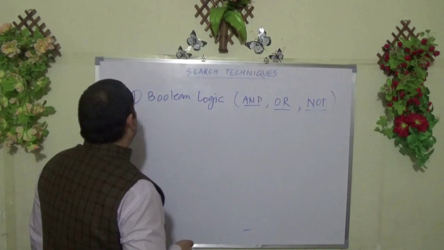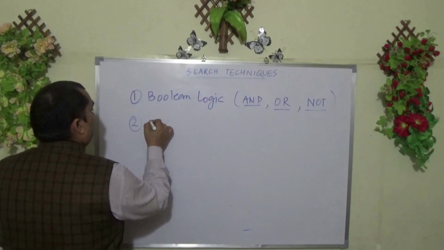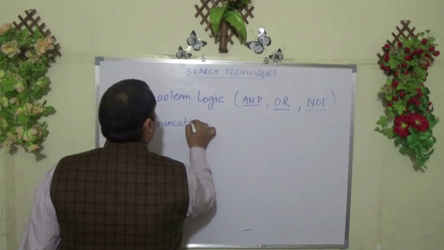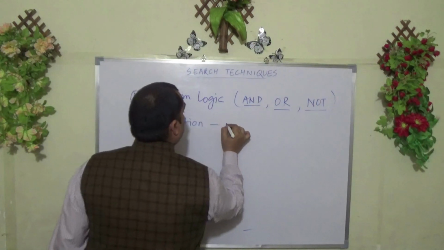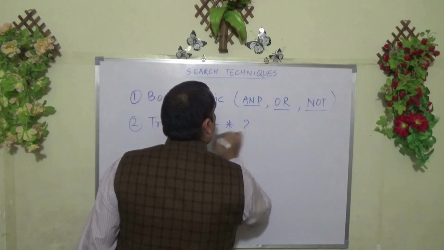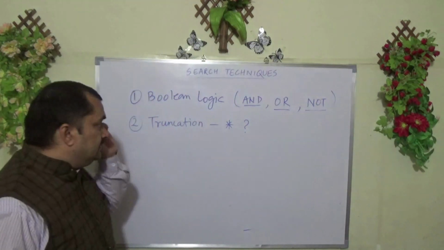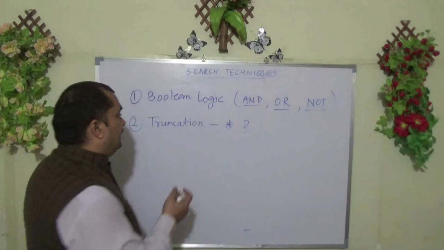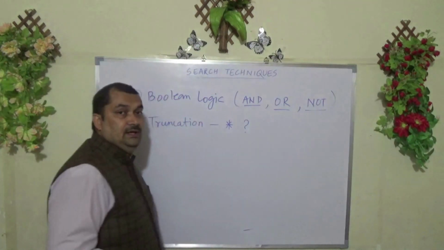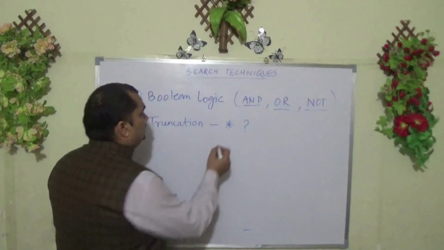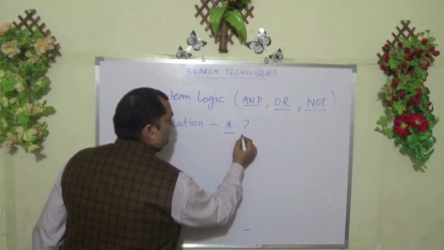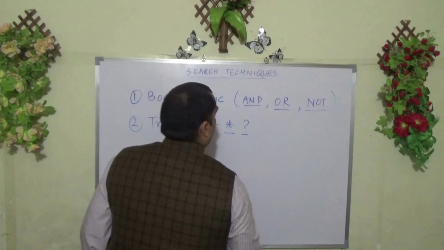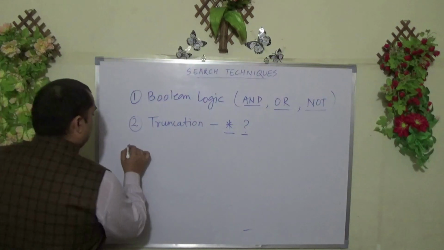Then the second, we discussed truncation, in which we discussed the symbols. We give any keyword, and if we want to expand the ending of the word, we put an asterisk at the end of the word, or if we use the question mark, accordingly it will predict and give the information.